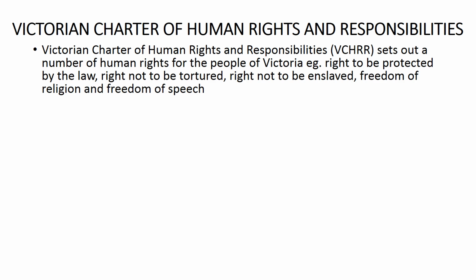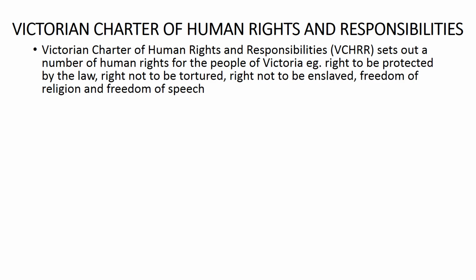These rights include the right to be protected by the law, the right not to be tortured, the right not to be enslaved, the right to freedom of religion, and the right to freedom of speech. Very important rights indeed. However, these rights are not like the rights that are included in other statutes.